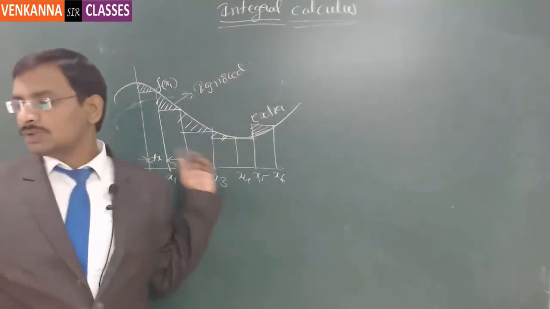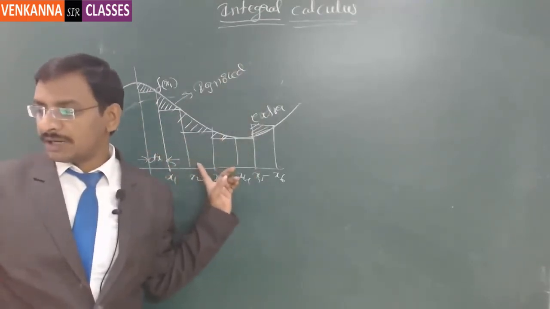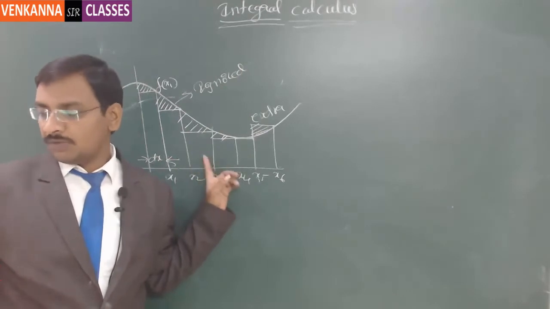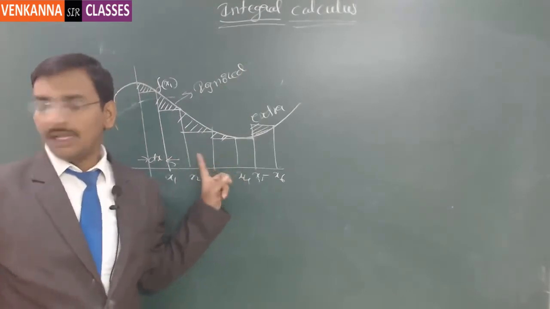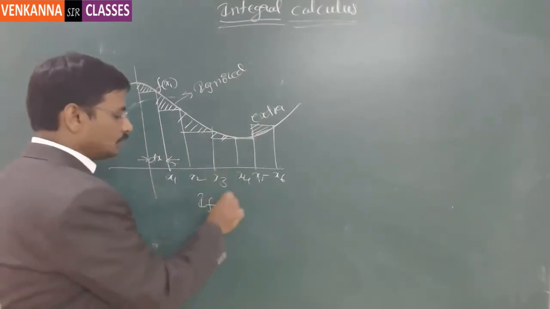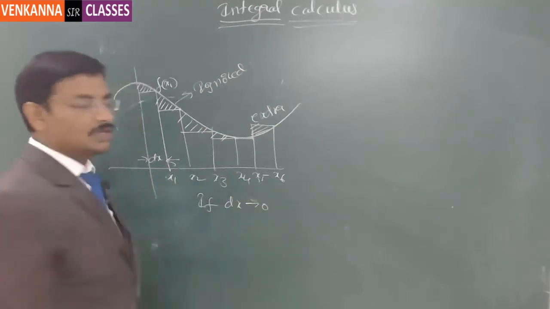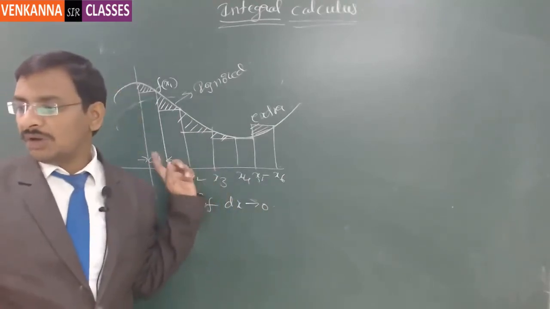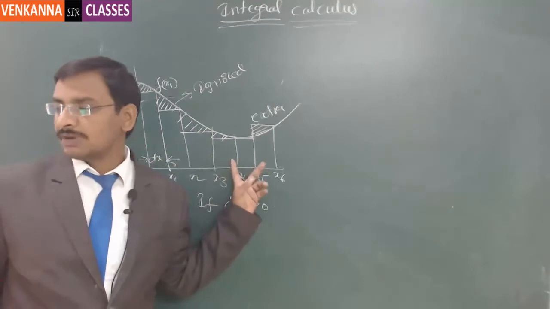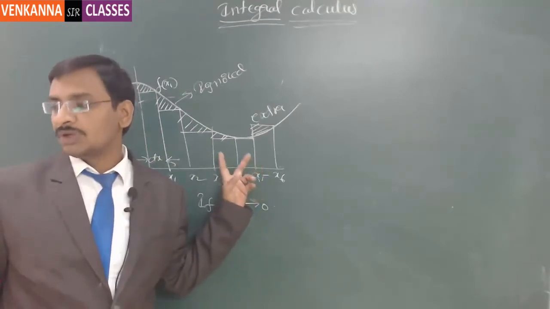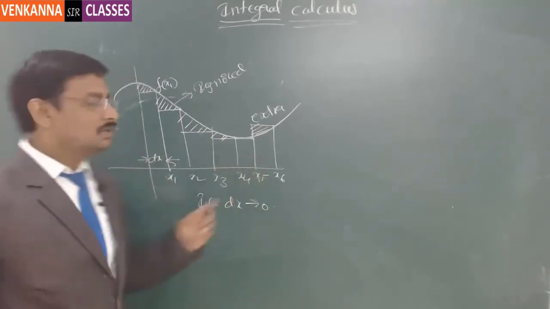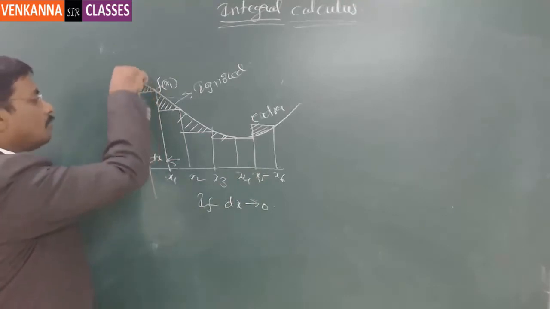That's why this particular sum, whatever we are taking, will be more meaningful or accurate only if dx tends to 0. If I make dx tend to 0, I can make the number of strips infinite. If I can make it infinite, then each strip is almost very close.